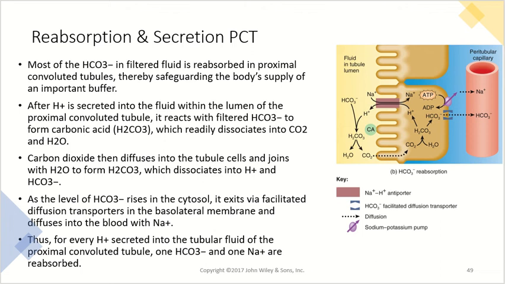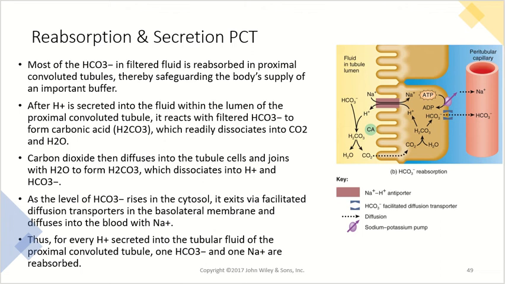So after hydrogen is secreted into the fluid within the lumen of the proximal convoluted tubule, it's going to react with filtered bicarb in order to form carbonic acid.